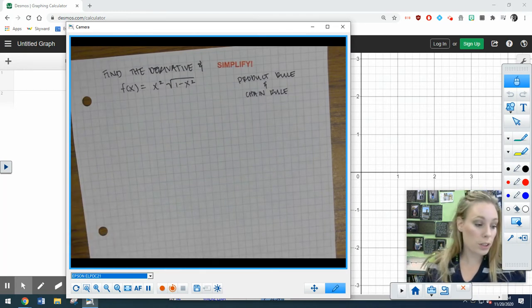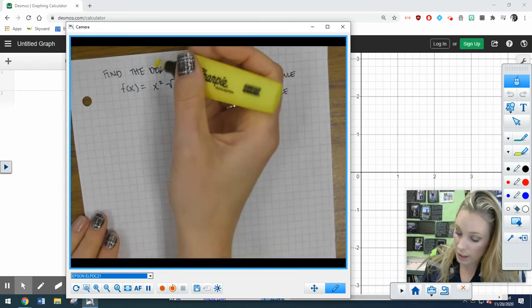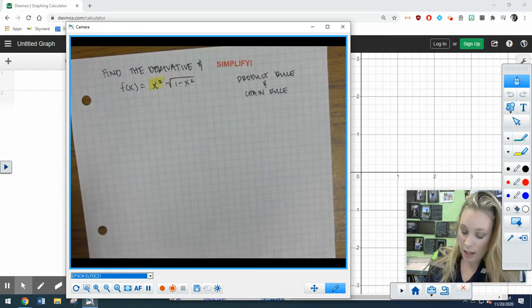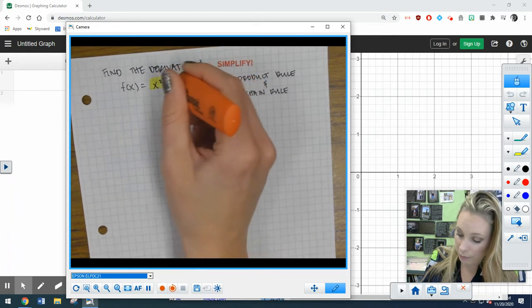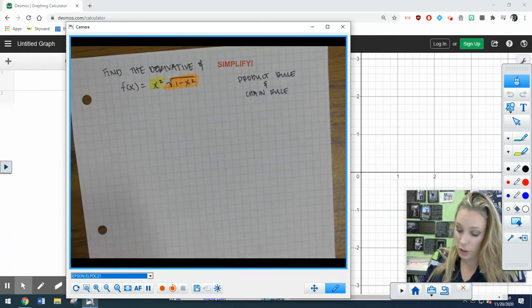And the product rule is take this and multiply it by the derivative of this, and then add it and go the opposite direction.